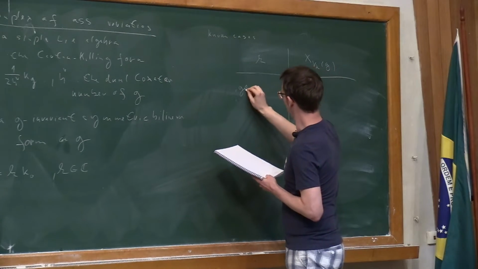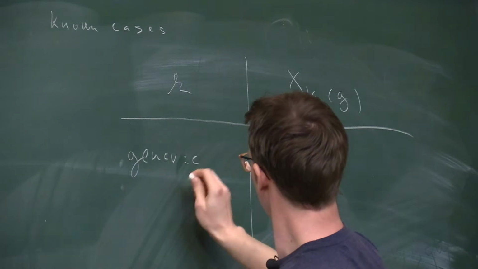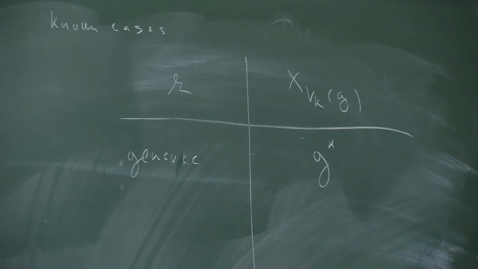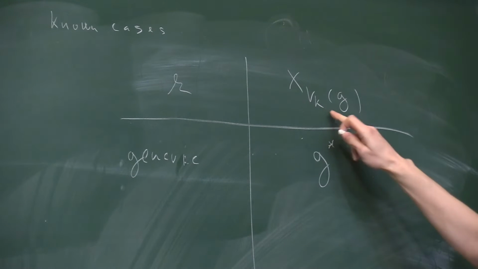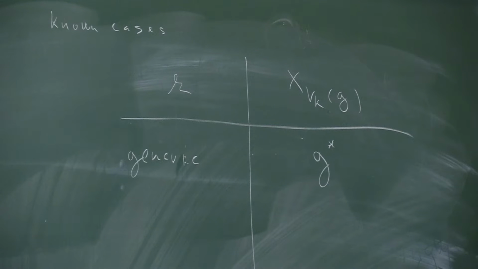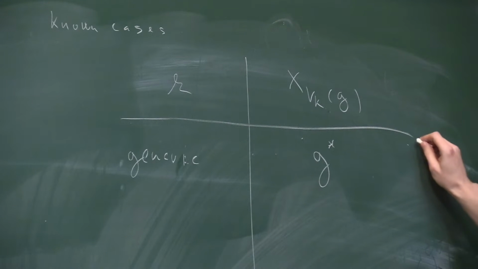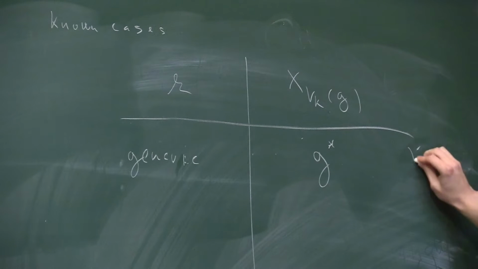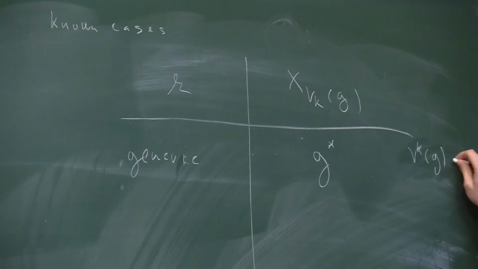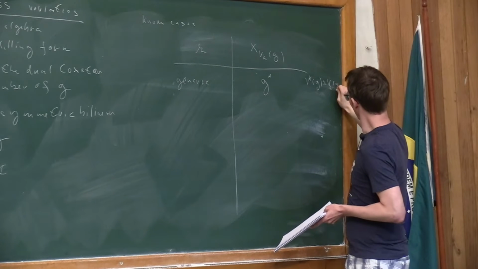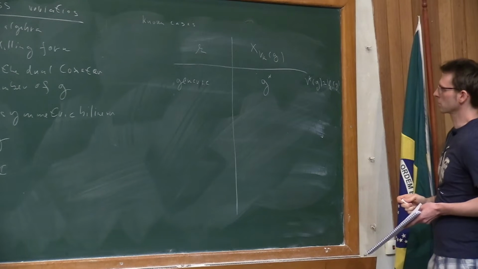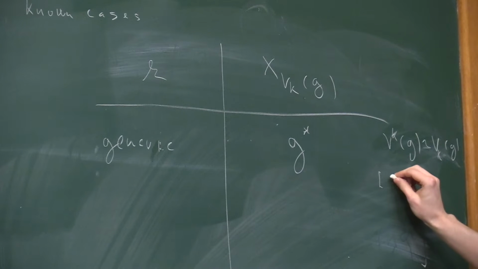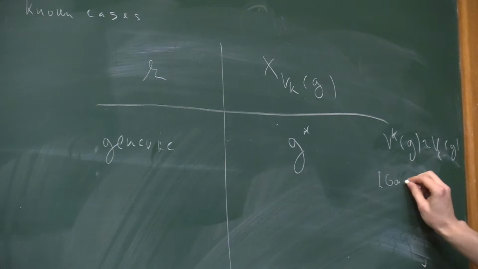If the level is generic, then the associated variety is just the dual of G. By generic, I mean that the universal affine vertex algebra is simple, so V^k is isomorphic to L_k. The levels for which it is simple are due to Gorelik and Kac.